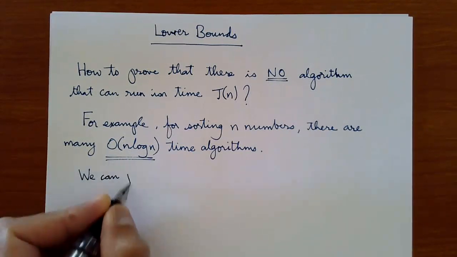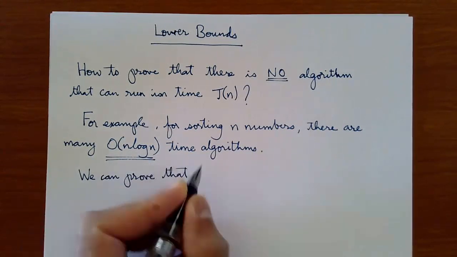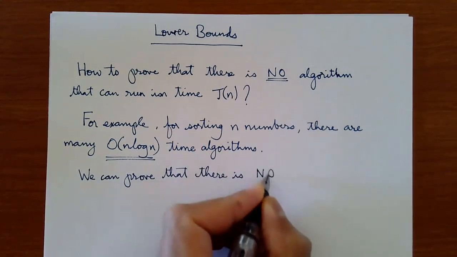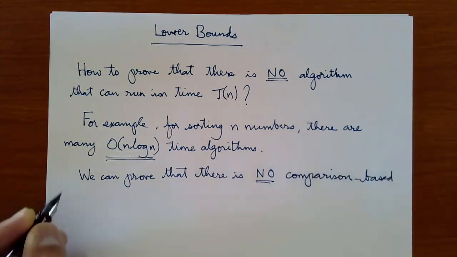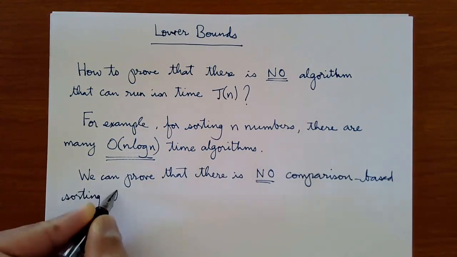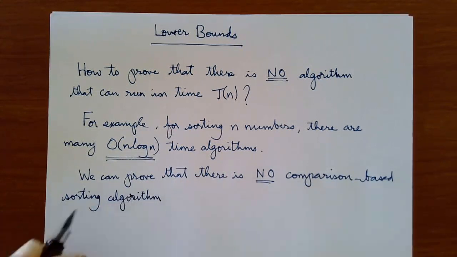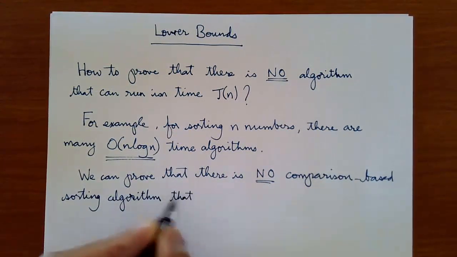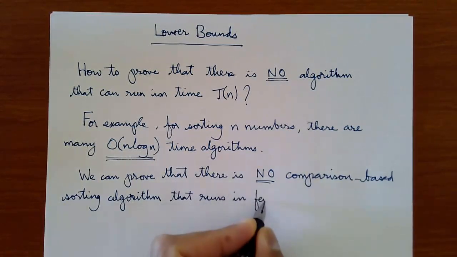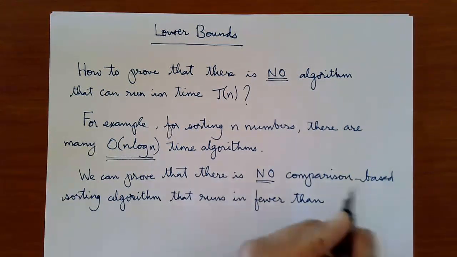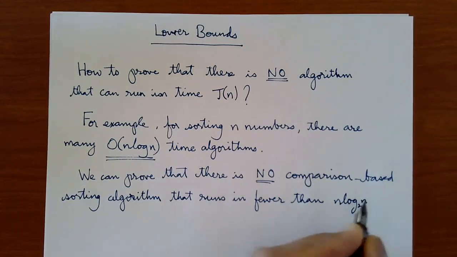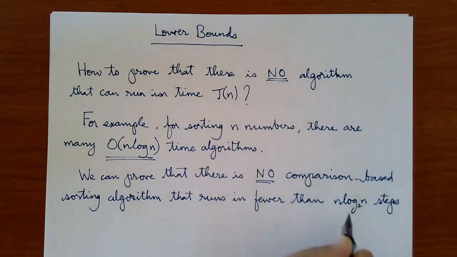So we can prove that there is no, and here's an important phrase, comparison-based sorting algorithm that runs in fewer than essentially n log base 2 n steps, up to some, maybe, minus some theta of n term.